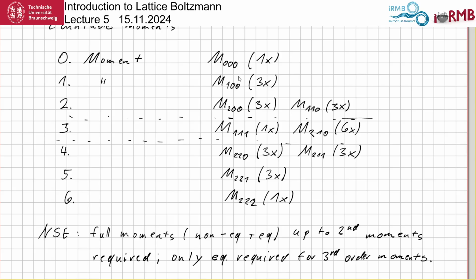So we have in here, let me see, do we need them? Yes, we need them. So these are 6, 9, 10. So these are the ones that are really necessary, and the other ones, the third order ones, can be expressed in terms of these. So then what you would like to have is a lattice with 10 speeds.